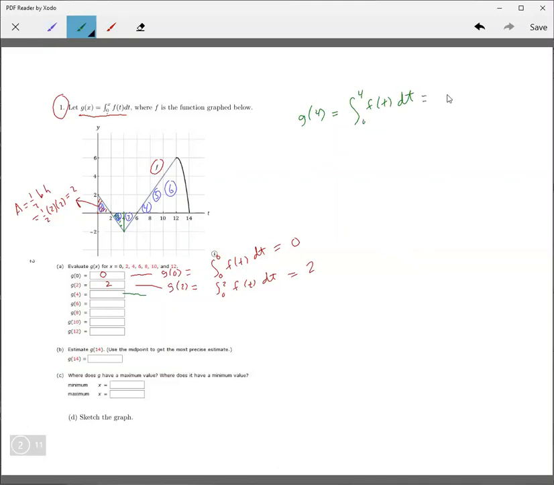So that's going to be area 1 minus area 2, and those are going to be the same. You can see this is also 2 right here, so it's 2 minus 2, or 0. So that's going to be 0. And then g of 6.